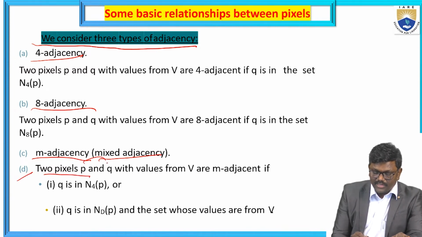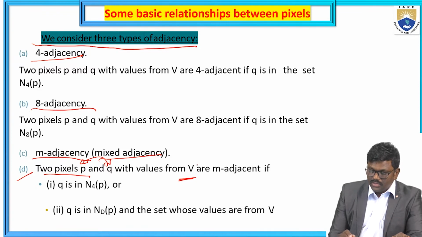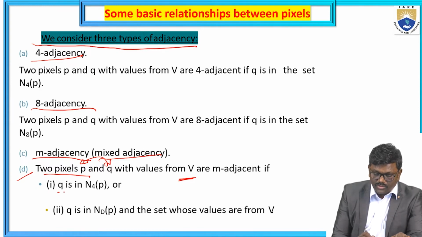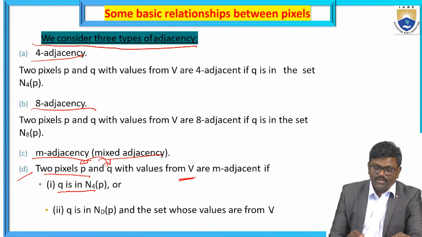Two pixels P and Q with values from a particular set of values of the image, or M adjacency. How we may define that: number 1, P and Q, with Q in n suffix 4 of p. Now the same thing we will write in terms of n suffix d of p.